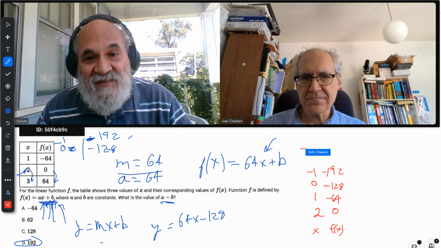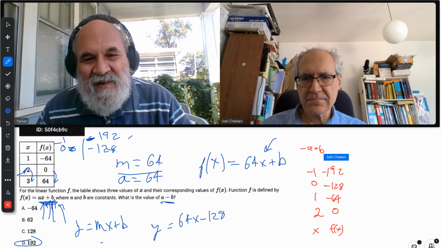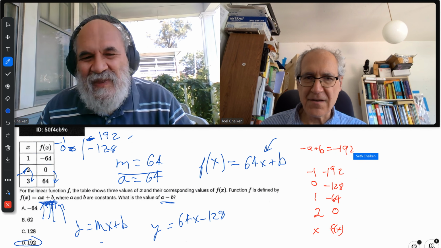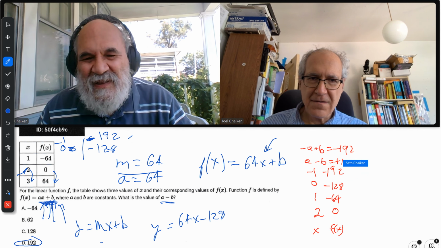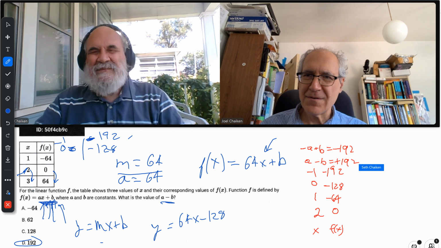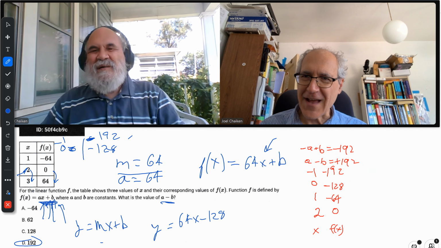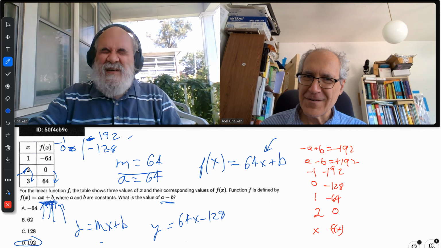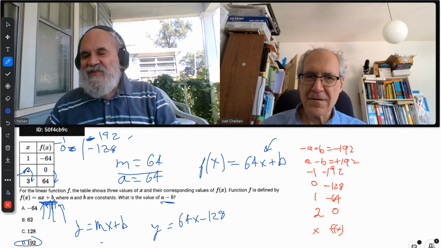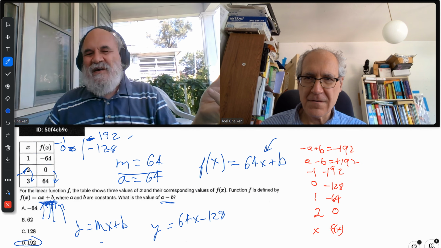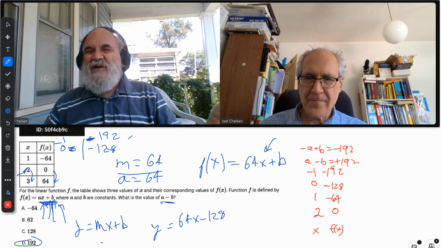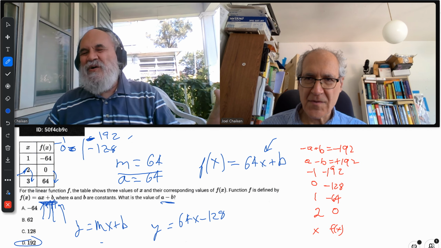And therefore, a plus b equals negative 192. And therefore, a minus b is positive 192. We just did that, though. Well, what I did was I did not explicitly formulate the slope.